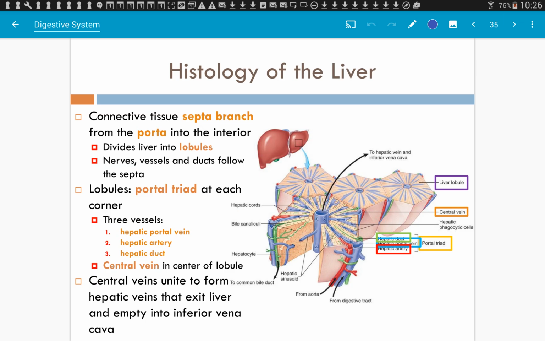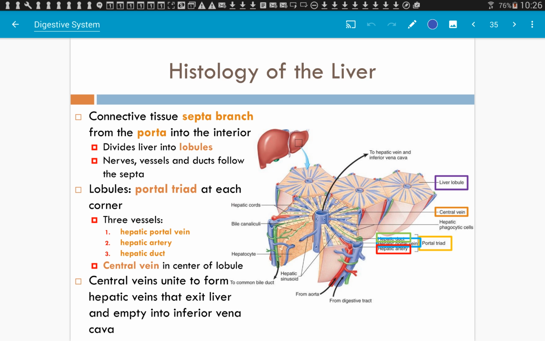Getting a little more in-depth with the liver, like histology, cellular level. There's a lot of connective tissue in the liver. Similar to lymph nodes and the spleen, it's wrapped around and then branches within the organ itself.